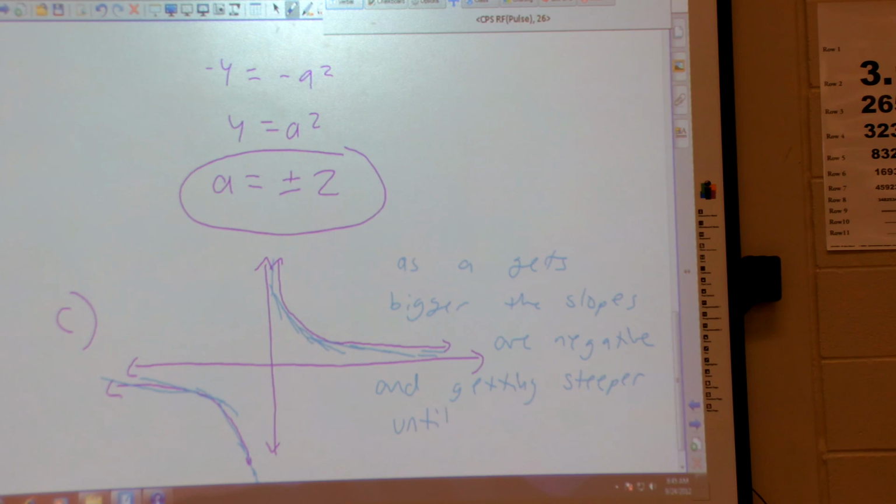Until 0, because that's when things switch, correct? It's saying steeper, that's all it said. I didn't say bigger, but you're saying a gets bigger, because we're going this direction. Remember, a is my variable? So as a gets bigger, the slopes are negative, getting steeper until a is 0.